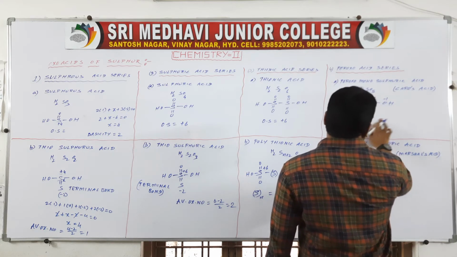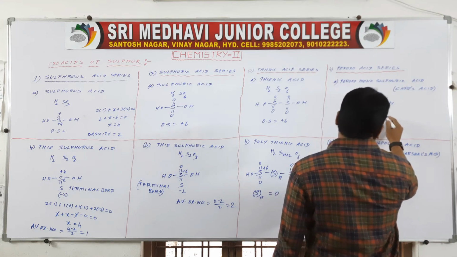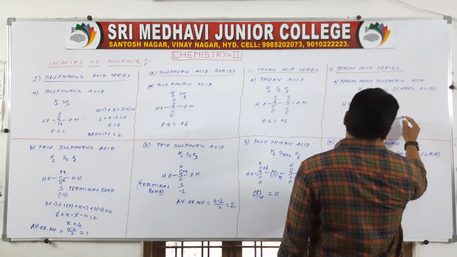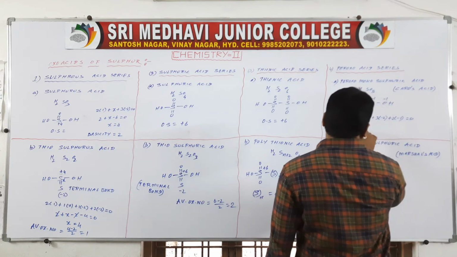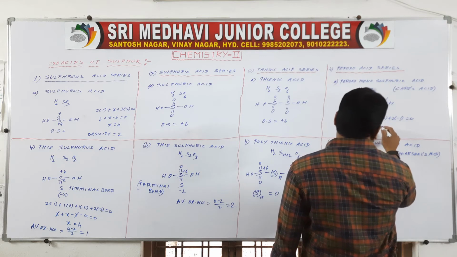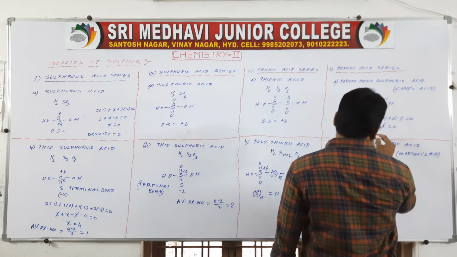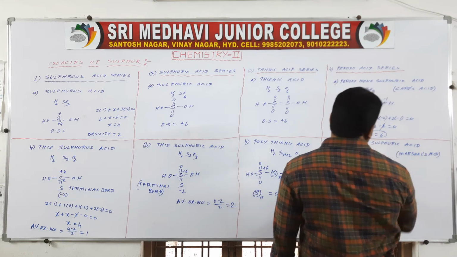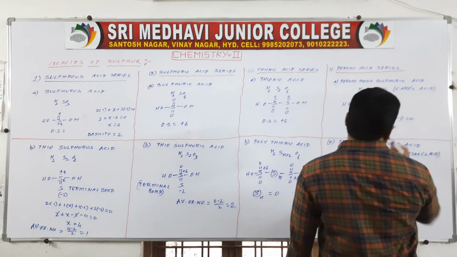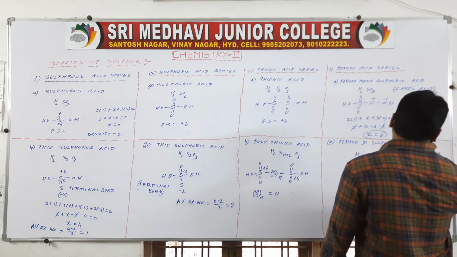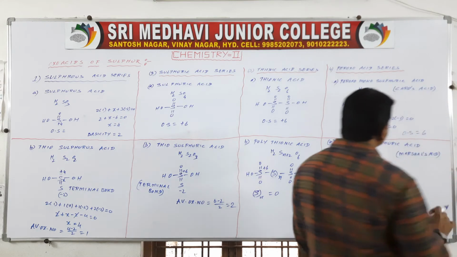Here 3 oxygens minus 2 plus 2 oxygens minus 1 equal to 0. 2 plus X minus 6 minus 2 equal to 0. Minus 2 plus 2 cancel, X is equal to 6. So here the oxidation state is equal to 6.